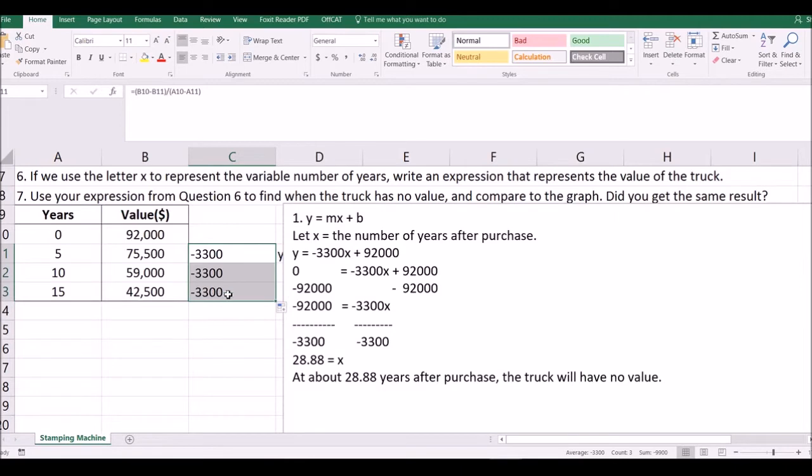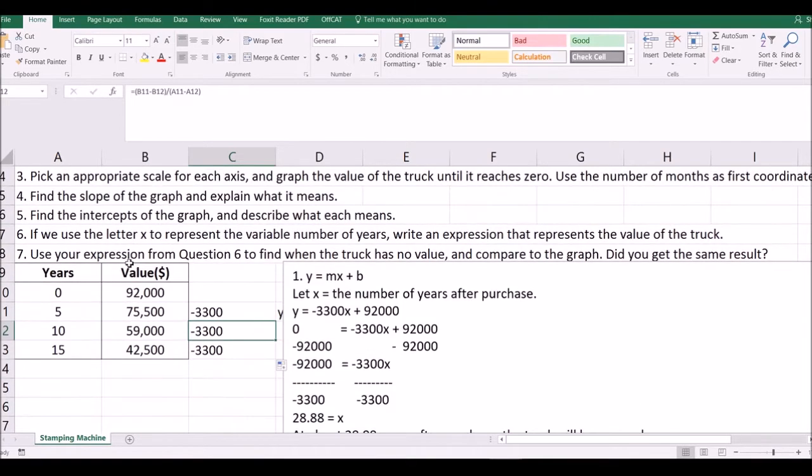There we go. By doing that, the slope between all of these points is the same. And since the slope is the same between all the points, again, it's rising and running at the same rate between points, meaning that we're going to have a linear relationship. So if the slope is consistent, it's going to be linear.